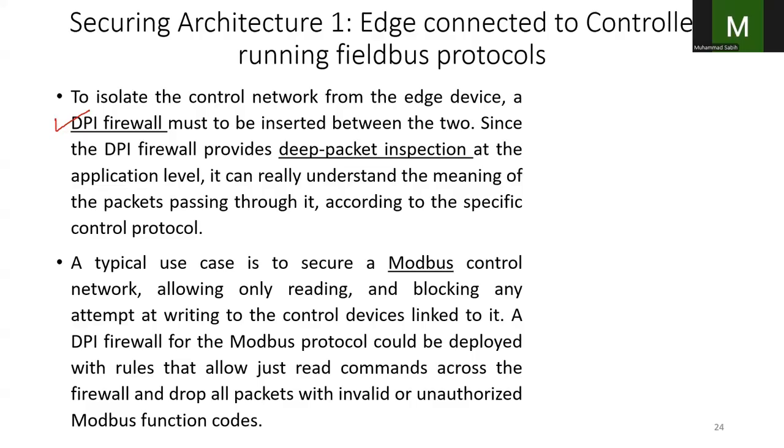For example, in a Modbus control network, the DPI firewall can be configured to allow only reading operations, or block any writing attempts to the PLCs and DCS. This is critical because write commands can alter the system behavior and pose serious risk.